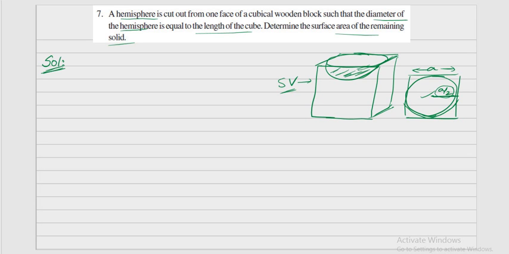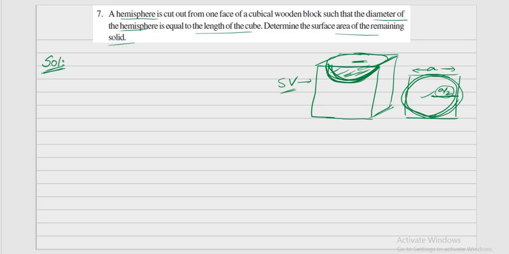Now let us see what is happening. When you scoop out a hemisphere from this surface, this particular circular surface will be removed, right? Whenever the circular surface is removed, automatically this trough part is there, no? So this particular shape will be formed.